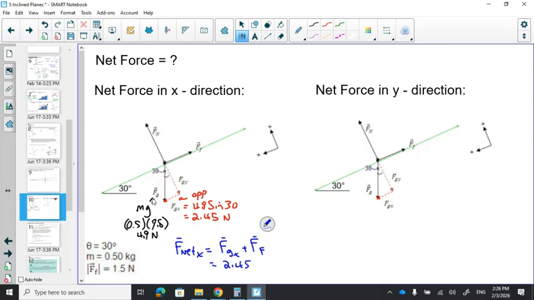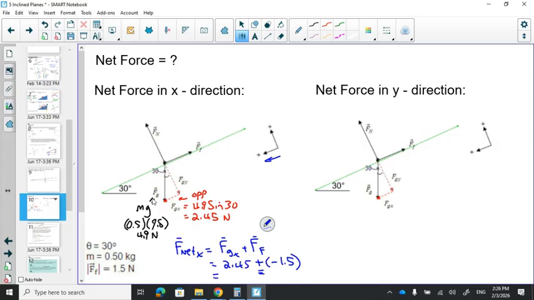Notice I'm putting that in as a positive because we had the positive direction down the ramp. And then we have the friction force in as a minus, right? It's up. And so I'm putting the friction force in as a correct value, I'm adding that correct value into the system, okay? So that's the way it really should be done. We have the negative 1.5 there.